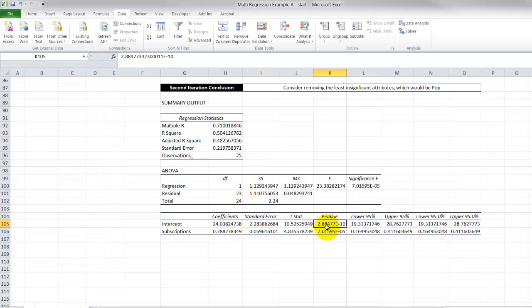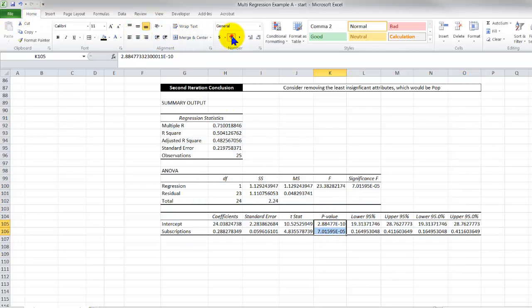So now we have our p-values that are both 0, which means the model has reduced in form to just y equals a plus subscription coefficient times subscription. And it's because all those other attributes were noisy. So this is a very laborious process, but one which is very powerful because we end up with the best equation that we could essentially derive from this data.